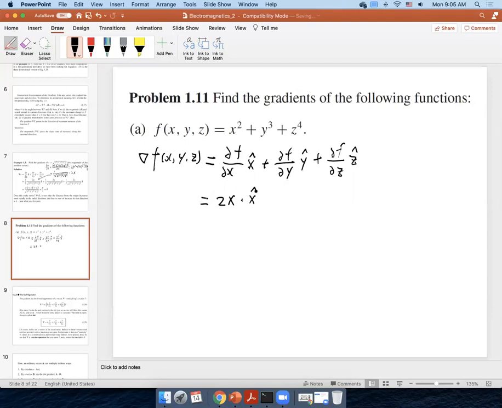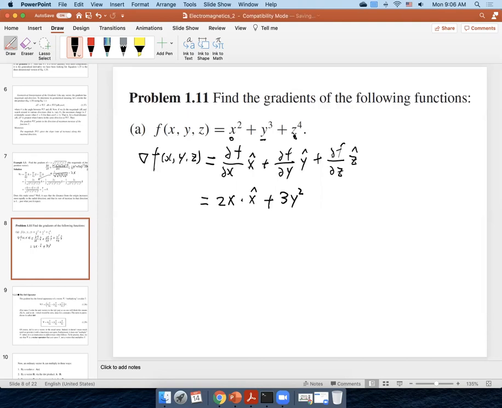in the x direction. And for partial f partial y, in this case the y term is a function of y, it's y to the power 3, but the x and z terms are constant if you consider the y direction. So you have 0 plus partial y cubed over partial y, which will be 3y squared.